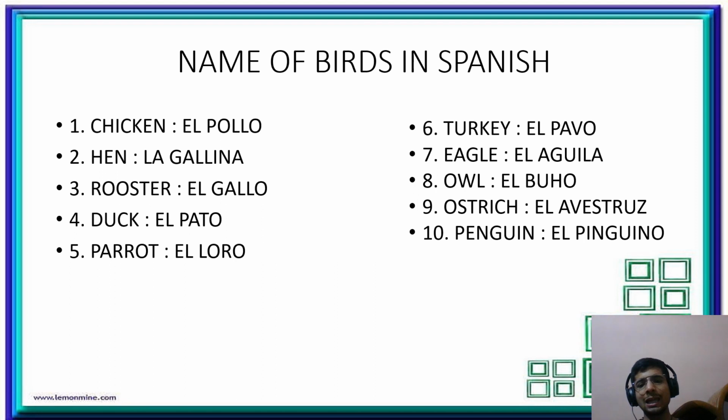Parrot, el loro. Turkey, el pavo. Eagle, el águila. Owl, el búho. Ostrich, el avestruz. Penguin, el pingüino.